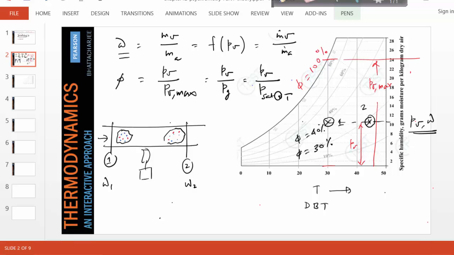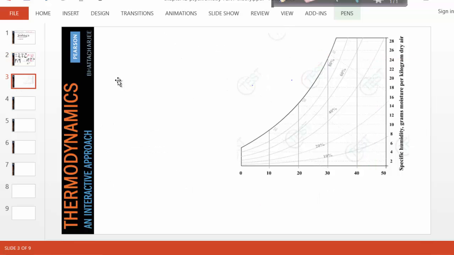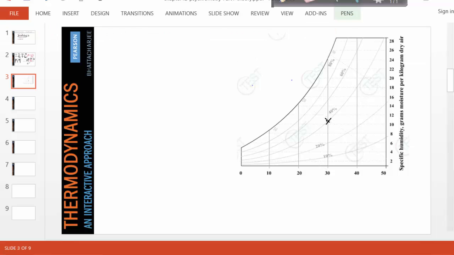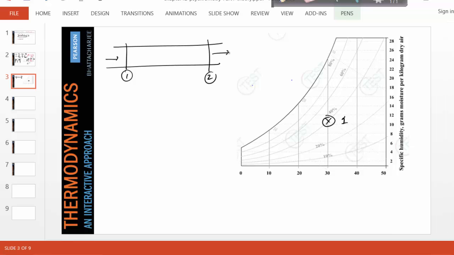On the other hand, suppose we are cooling the air. So let's start again from the same initial state. Suppose we have state 1 here, and this time we are cooling the air. Again, as long as there is no condensation, would you agree that temperature will be decreasing?